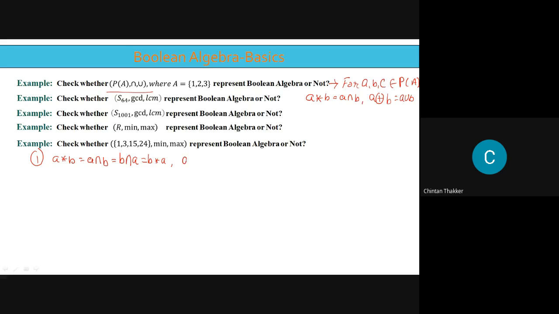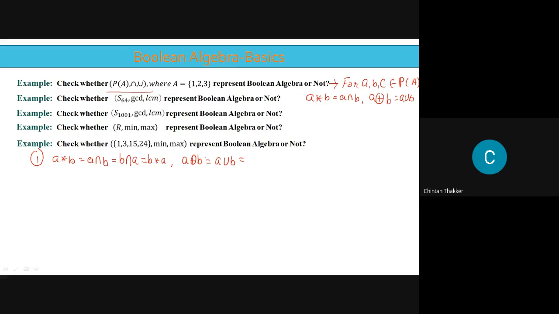Similarly, A ring sum B is equal to A union B. For union also, we know that the union of two sets always remains the same when we change the order of the sets.